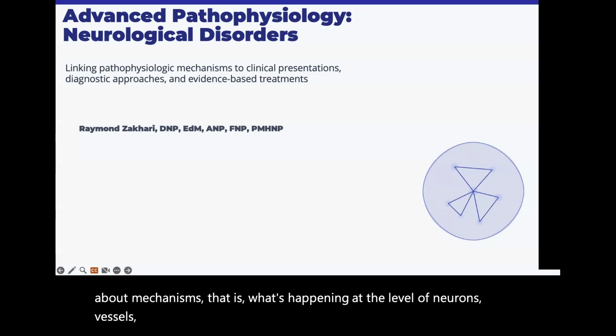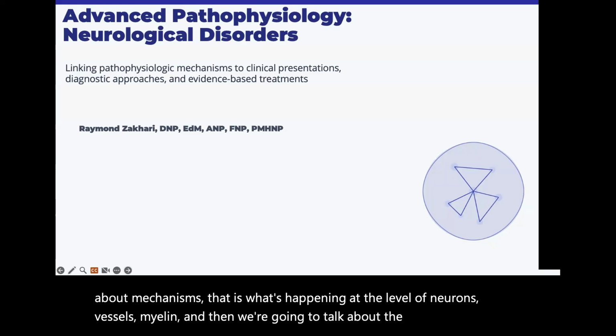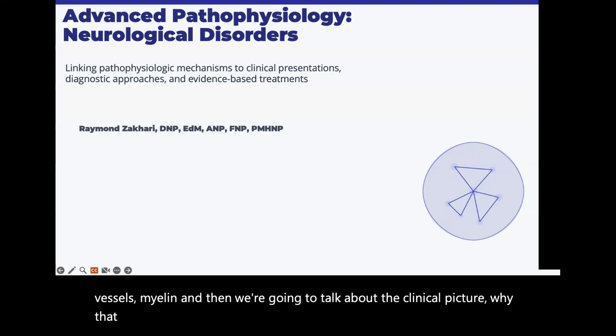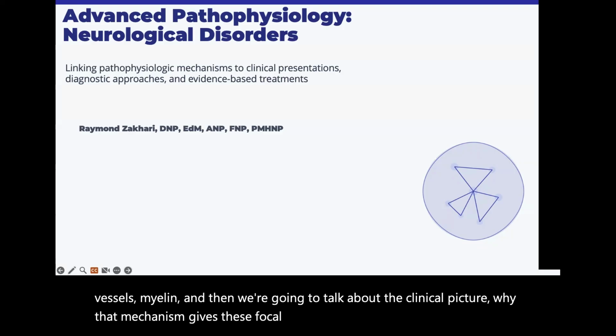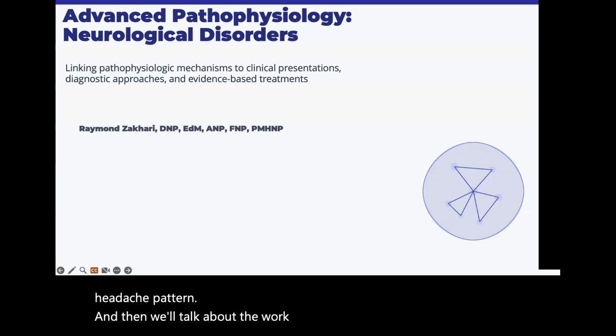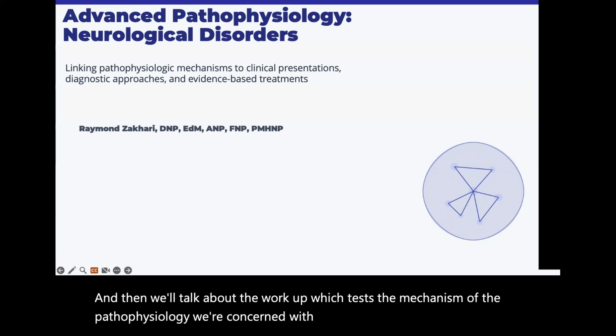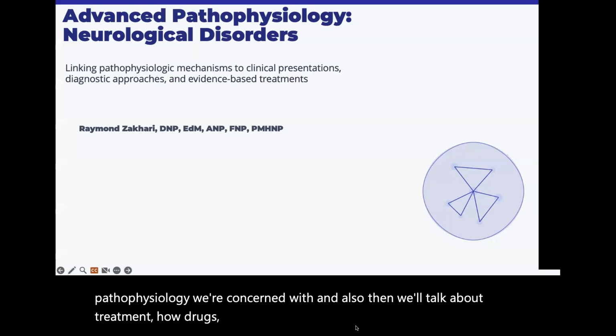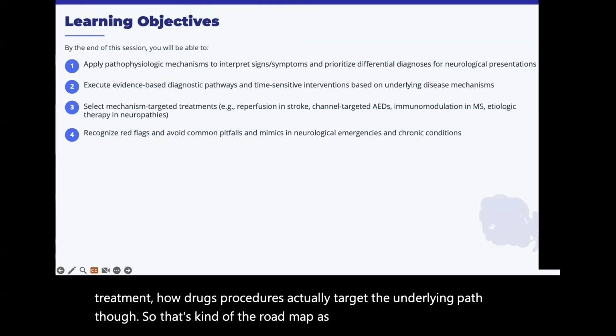And then we're going to talk about the clinical picture: why that mechanism gives these focal deficits, this mental status change, or that headache pattern. And then we'll talk about the workup, which tests the mechanism of the pathophysiology we're concerned with. And also we'll talk about treatment, how drugs and procedures actually target the underlying patho. That's the roadmap as we progress through today.